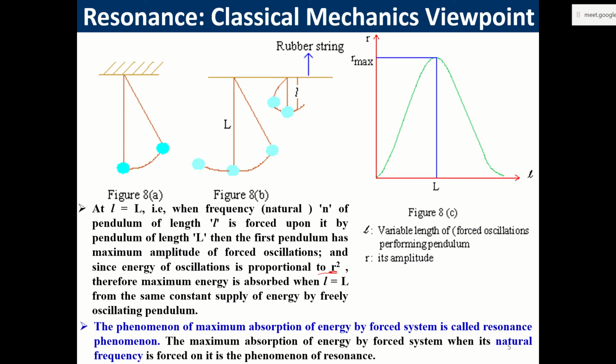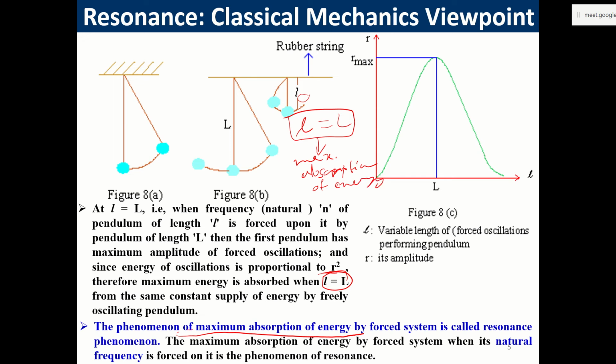So the idea is the phenomenon of maximum absorption of energy that happens when the small l is equal to L. In that scenario we have maximum absorption, maximum transfer of energy.